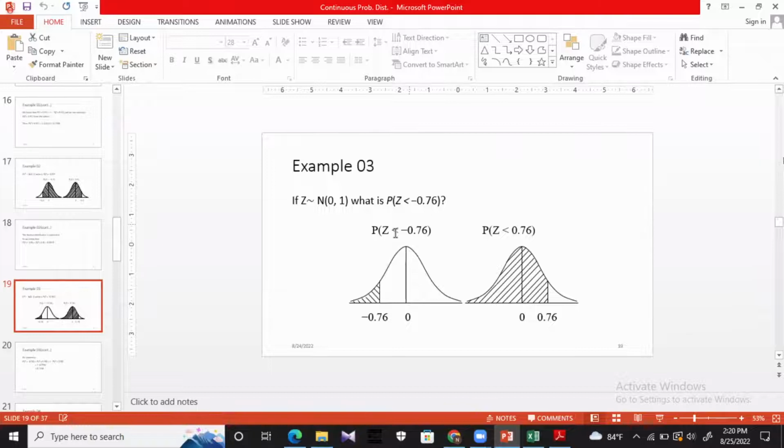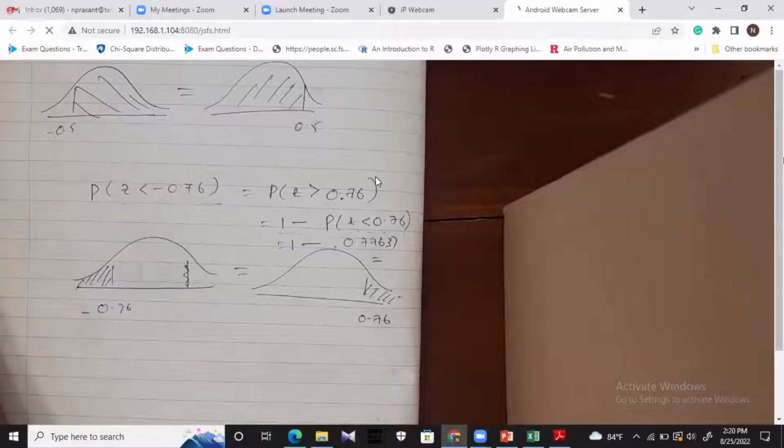Okay. Z less than minus 0.76 is equal to probability Z greater than 0.76, and that is equal to 1 minus probability Z less than 0.76. Here I have written it clearly. Z less than a negative value is equal to Z greater than the positive value of the same value, and that is equal to 1 minus the probability Z less than 0.76.